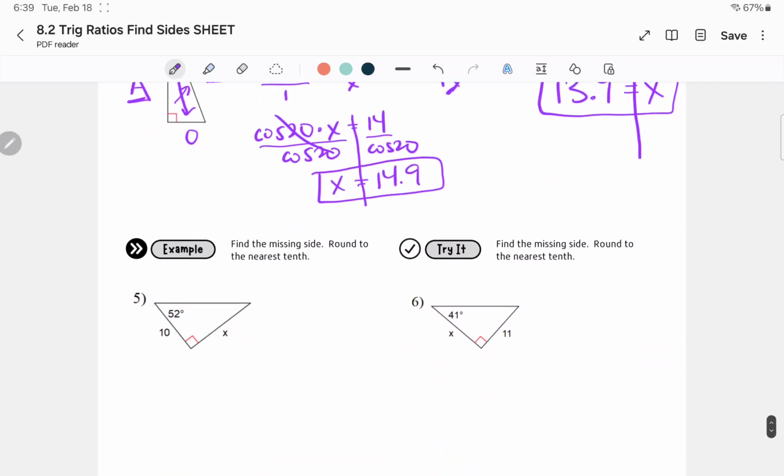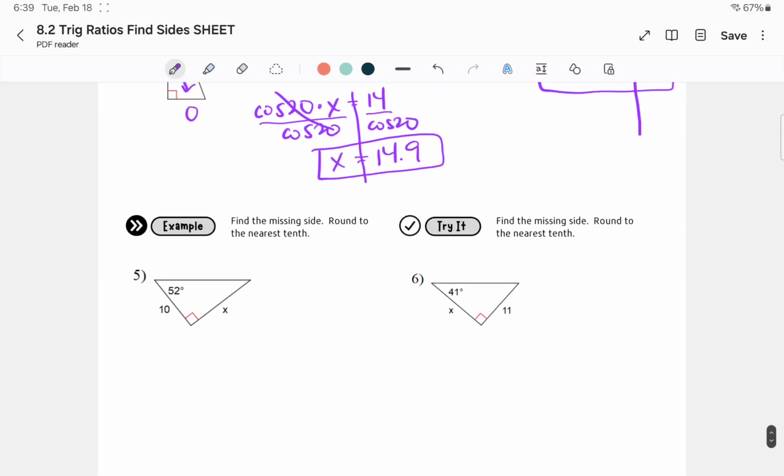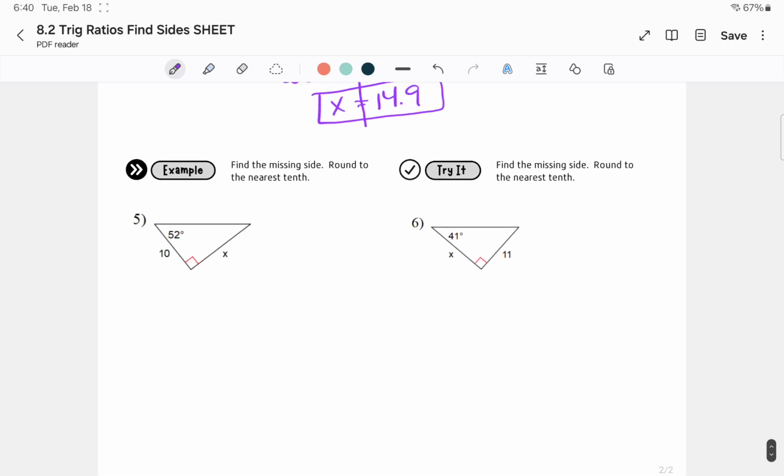Okay, number 5. Here, if you want to pause here, sorry, let me not go so fast. But there we go. Remember, you can always rewind, pause if you need it. All right, so we have our hypotenuse, our opposite, our adjacent, and we are now using tangent.